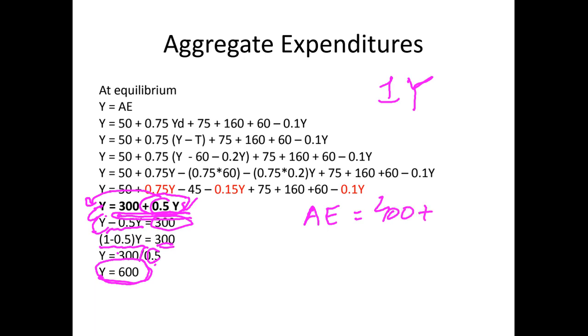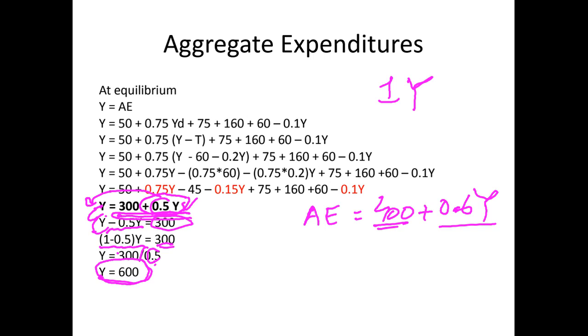I've added all incomes and I get 0.6y, and then this is the autonomous part: autonomous consumption, autonomous investment, autonomous government expenditures, autonomous exports, and autonomous imports as well, because there was a part of autonomous import 60, if you remember, which we subtracted because we calculate net exports minus imports.